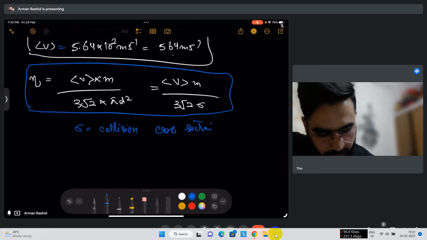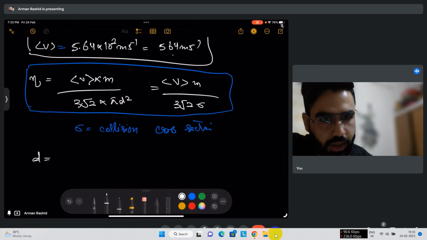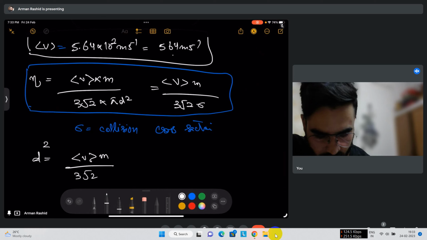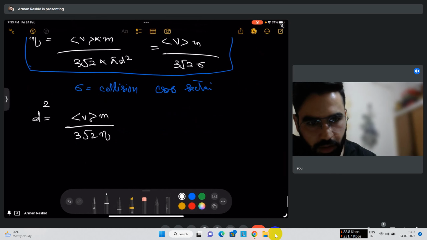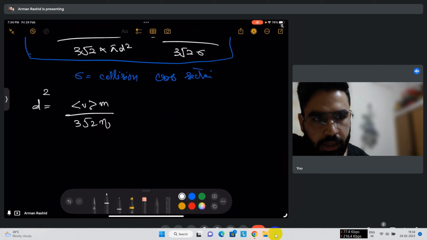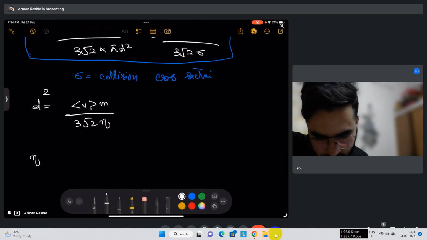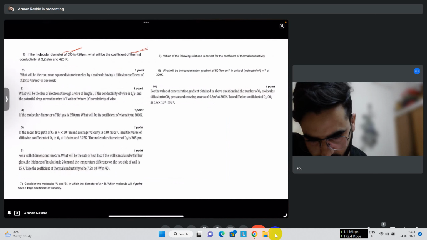Okay, so this equation we can find in the PPTs. Doing a little rearrangement, d square is given by average velocity m divided by 3 under root 2 into eta. Now we have to determine eta, the coefficient of viscosity.